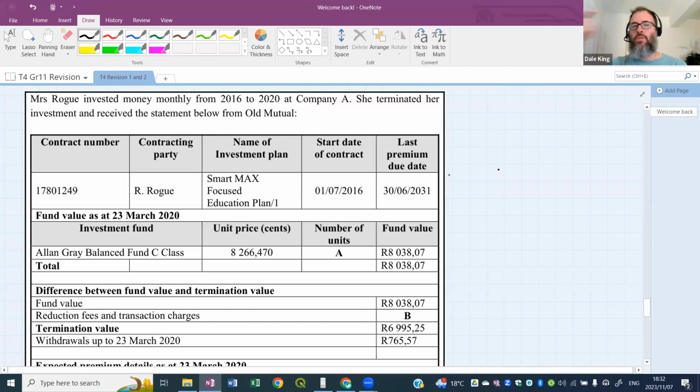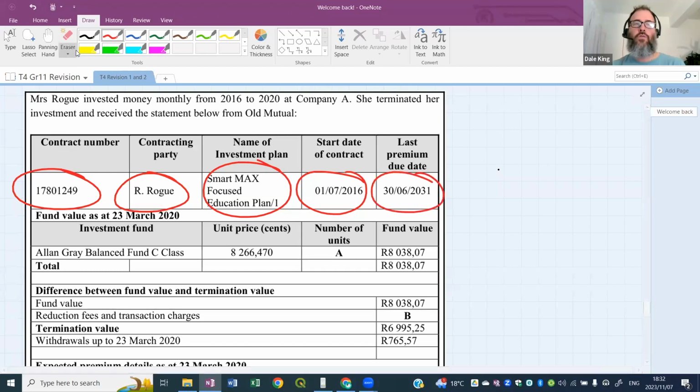Old Mutual gives her a statement. Old Mutual sends this to her and says, Mrs. Rogue, this is your contract number. This is your investment plan, what you invested in. This is your start date of investing, 1st of July 2016. And this is the last premium due date, that's how long you should have invested for. Next line, let's have a look.